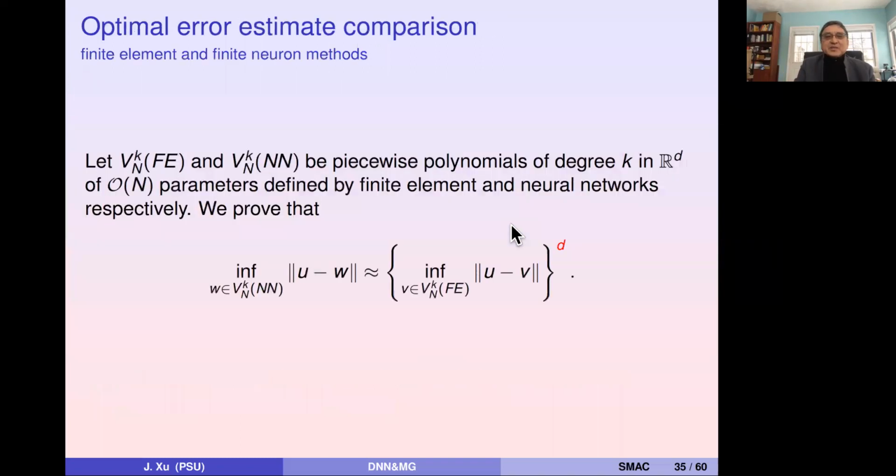So what does that mean? If I put this together, the neural network with n neurons is still piecewise polynomials, and the V_n^k finite elements have n parameters. If we assume my solution u is sufficiently smooth, in the rate of convergence you can raise the power of d.